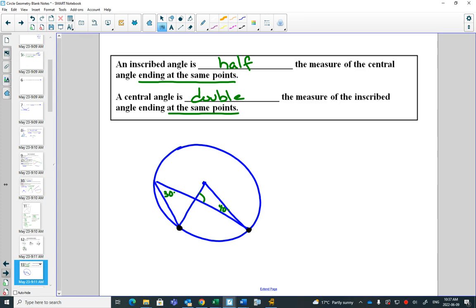So what's the central angle going to be? 60. So that's the first thing you could label, that angle is 60. Because central angles are double inscribed angles if they share the same points. And now you can figure out the angle I wanted you to find to begin with.